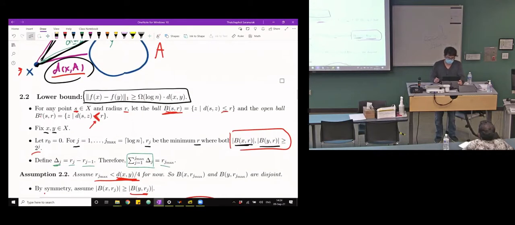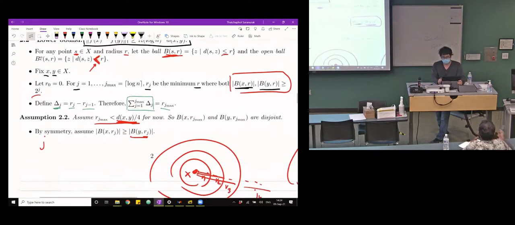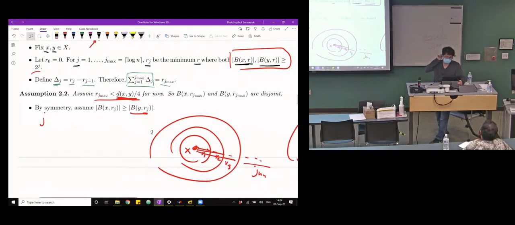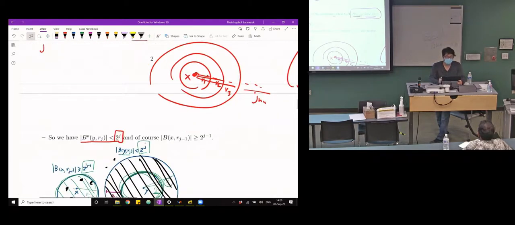Rj max is just the distance such that all vertices are included. Yeah, that's true. To x should be smaller than. Yeah, right. Yeah, if we assume that Rj max is, yeah, that's true. Thanks.